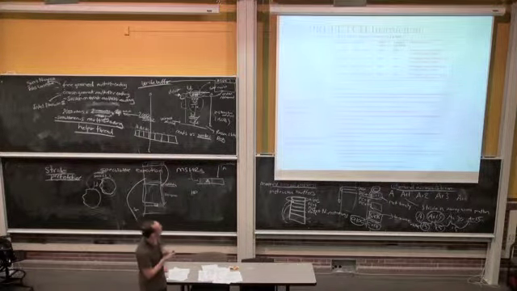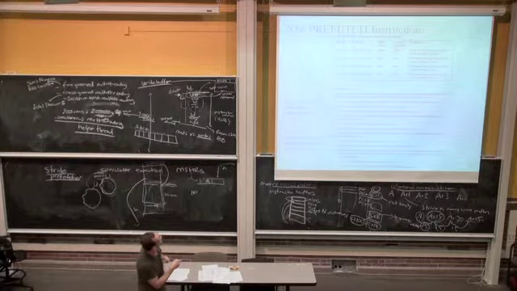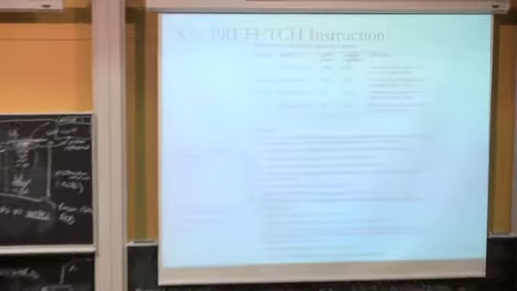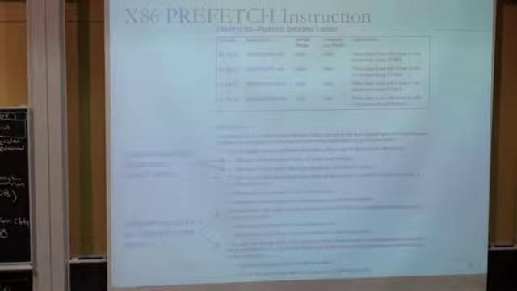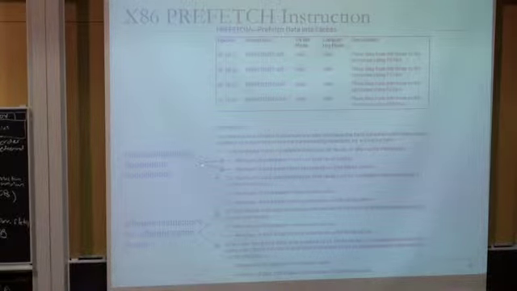This is from an old x86 manual, I think. It's prefetch, prefetch data into caches, and it's a microarchitecture dependent specification. Basically, the programmer or the compiler provides an address with an addressing mode. And, well, you can read it here, right?